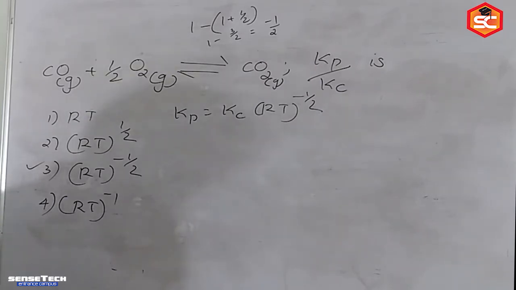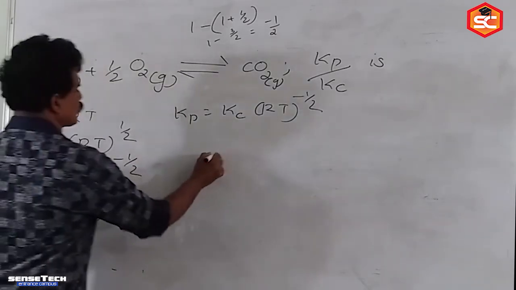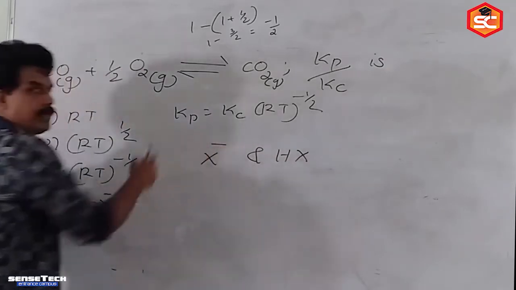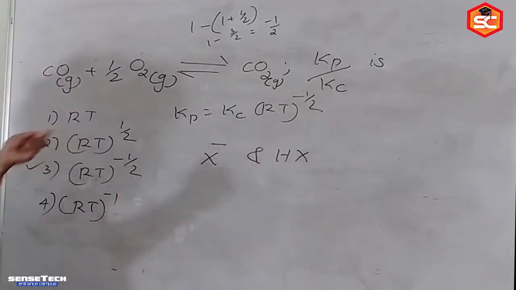Question. A certain buffer solution contains equal concentrations of X minus and HX, where X minus is the conjugate base and HX is the acid.